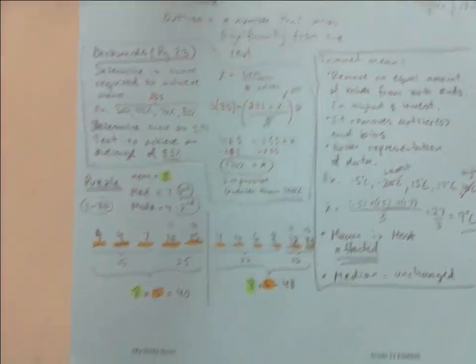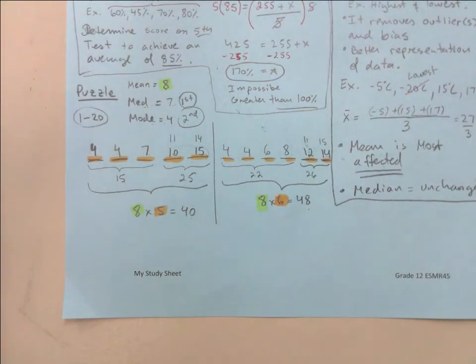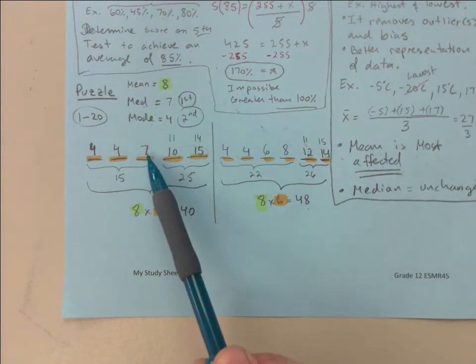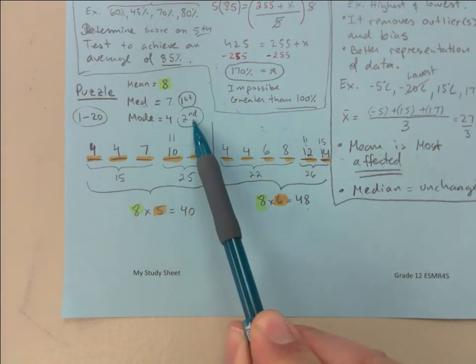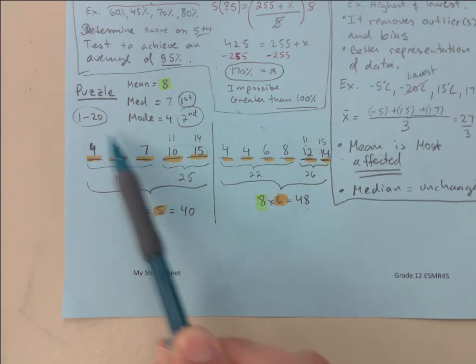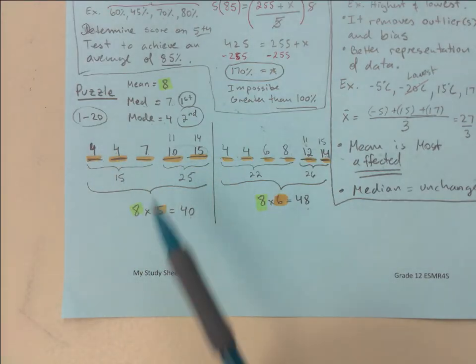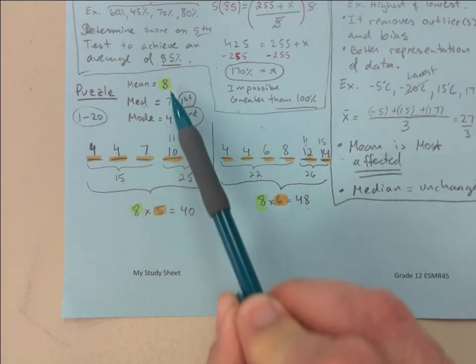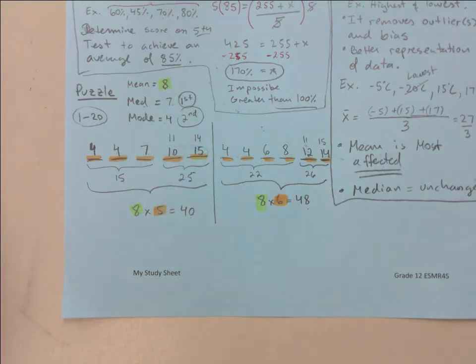Remember I did a puzzle section where I always tell you start with the median, then figure out your mode. Mode could be up here or it could be below here, depending on what the mode is. And then you fill in the rest by using your mean, okay? That's it for now, for the study sheet.